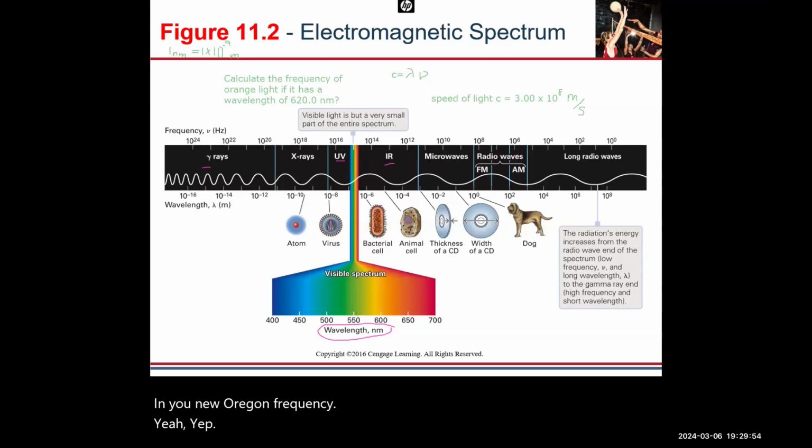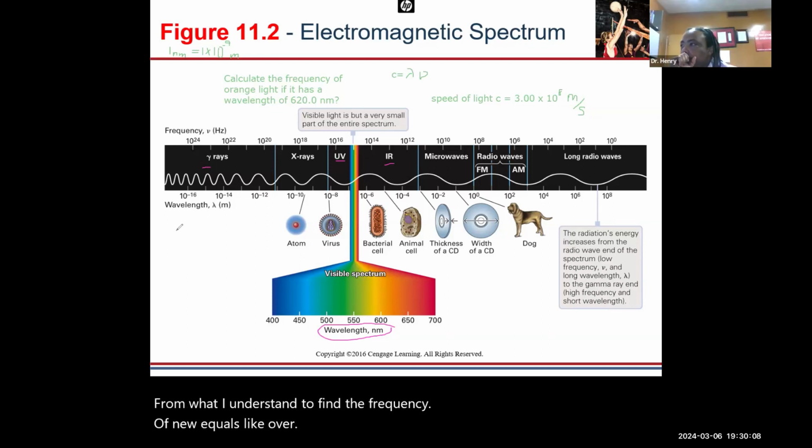From what I understand, to find the frequency, we have to derive the equation to nu equals lambda over, wait, no, nu equals c over lambda. Okay.